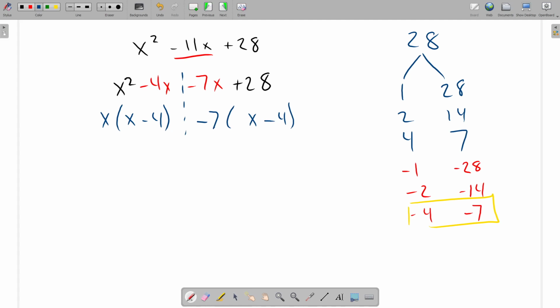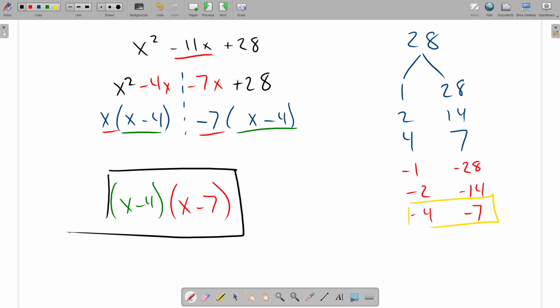And if that's something that confuses you, my video on factoring a greatest common factor will explain how factoring out a negative changes all of the signs. At this point, we can see x minus 4 and x minus 4 are the same, so that x minus 4 is one of our factors. x and negative 7, the two greatest common factors that we pulled out, make our other factor. And just like that, we've factored the quadratic.